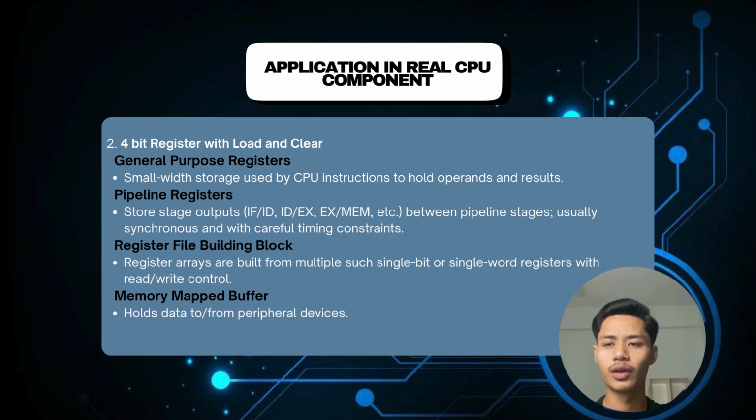4-bit register with load and clear. General purpose register: small storage used by CPU instructions to hold operands and results. Pipeline register: stores stage outputs IF/ID, ID/EX, EX/MEM between pipeline stages, usually synchronous and with careful timing constraints.